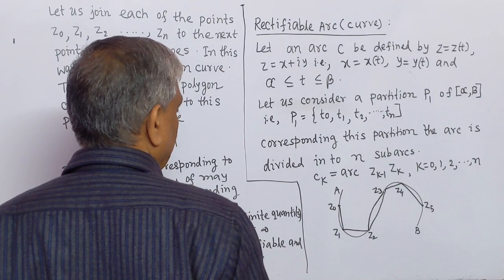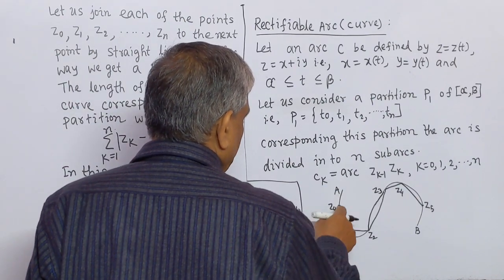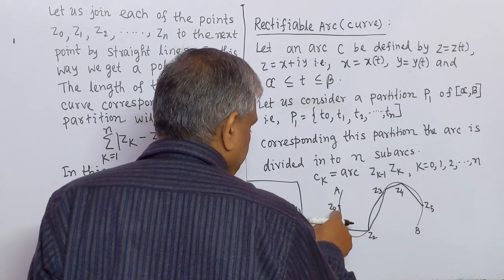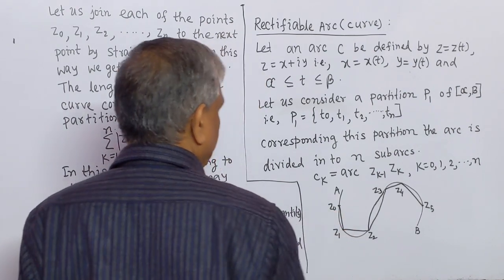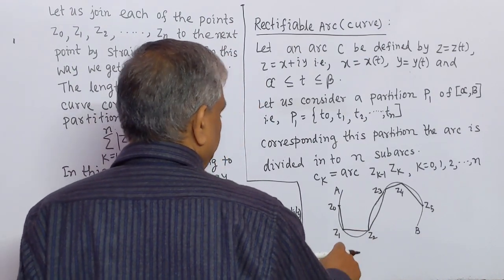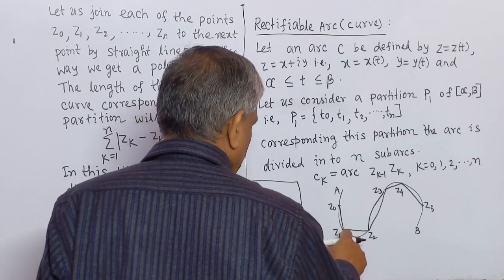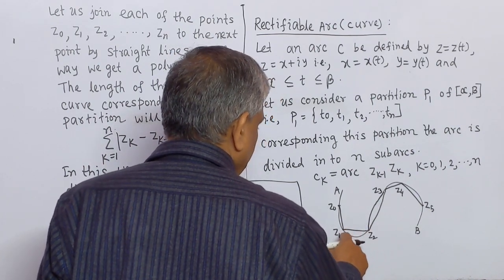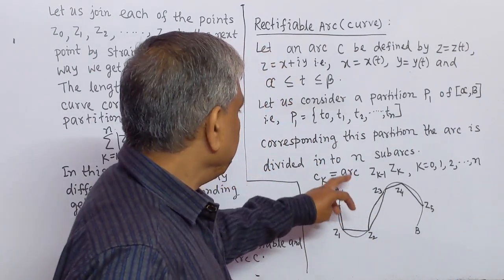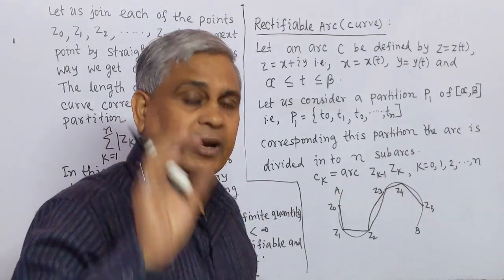For example, the C1 arc is the arc joining z0 and z1. The C2 arc is the arc joining z1 and z2. So we get in this partition n number of sub arcs.